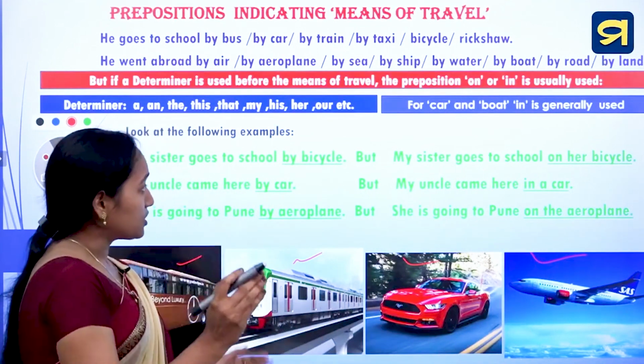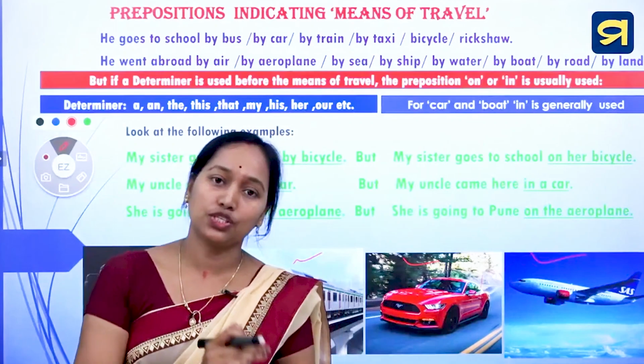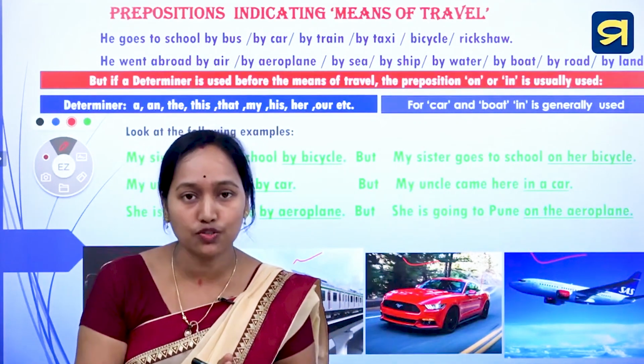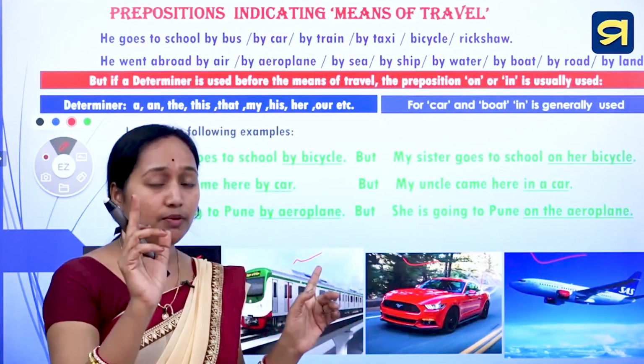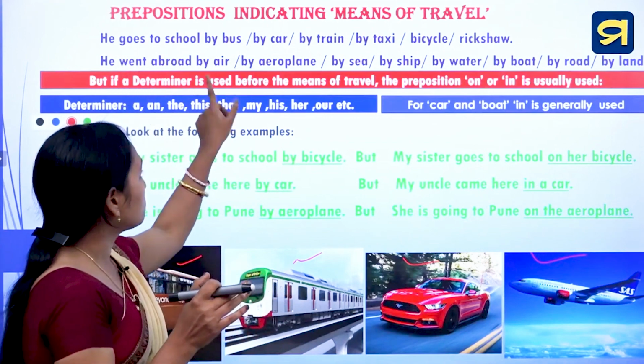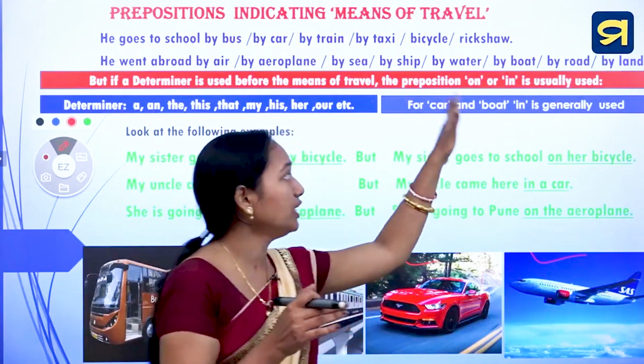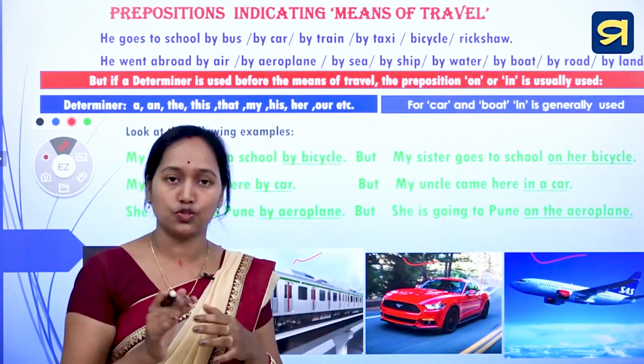But for foot we will use on. On is generally used for foot, but remember one thing: if a determiner is used before the means of travel, the preposition on or in is usually used.